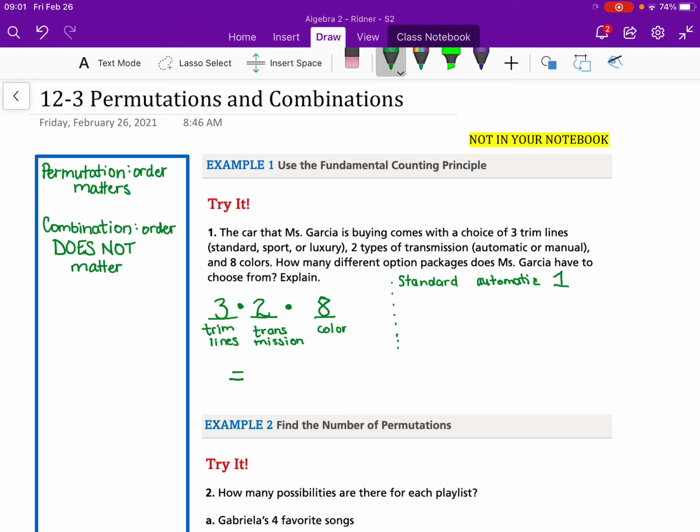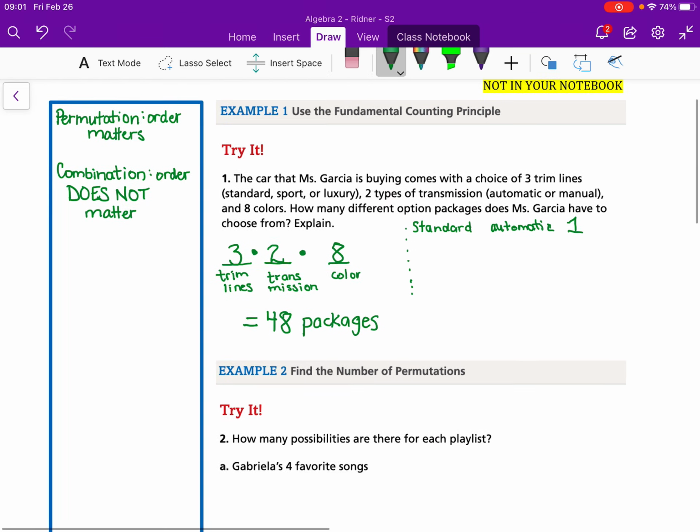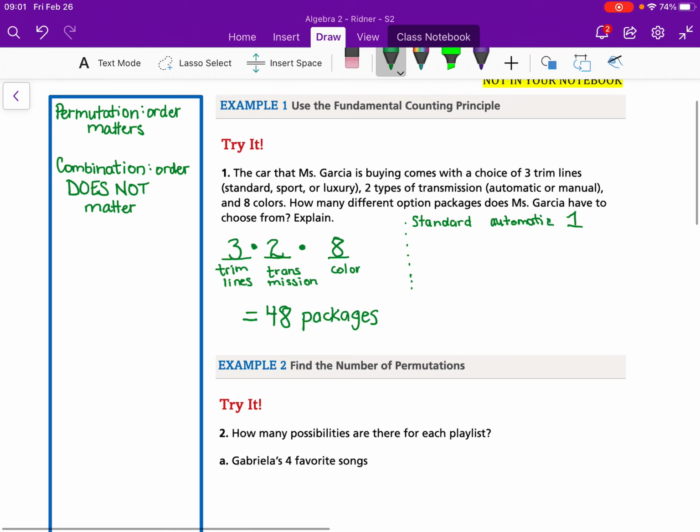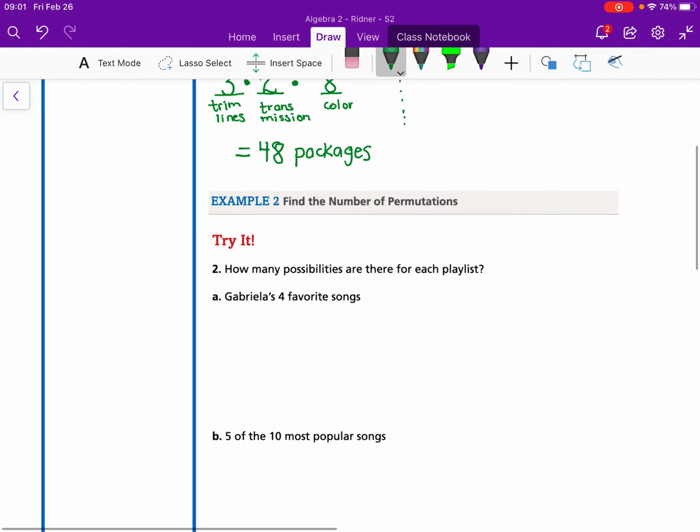So in this case, 3 times 2 is 6. 6 times 8 is 48 packages. It would take a while to write out all 48, but the question doesn't ask for all of them. They just want to know how many there are. All right, so again, you better get that question right on the ACT.